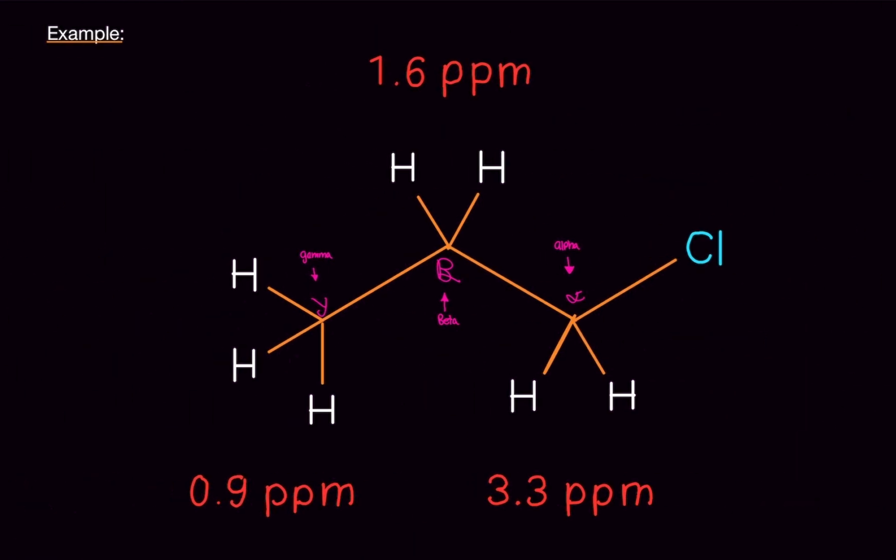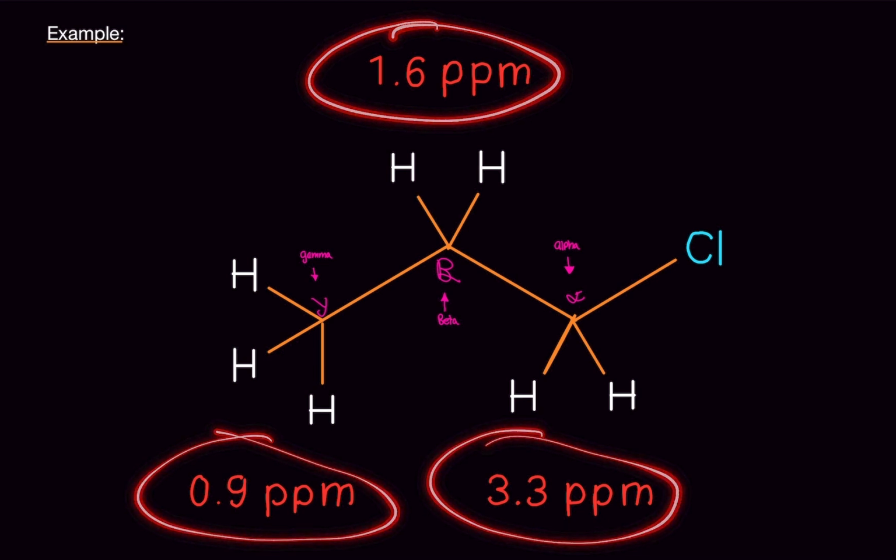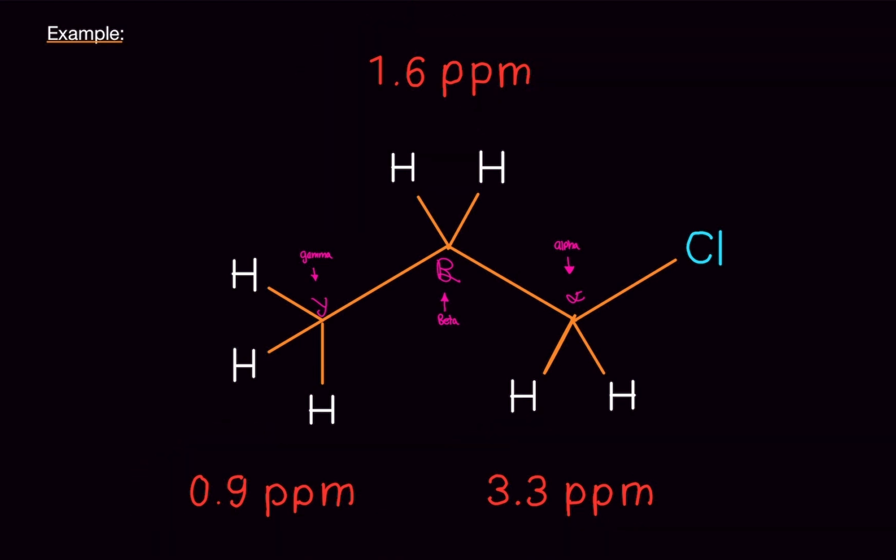Something you need to remember. So here we have the locations of where on the graph these environments are going to be. How do we figure this out? You'll notice that we have a chlorine here, right?